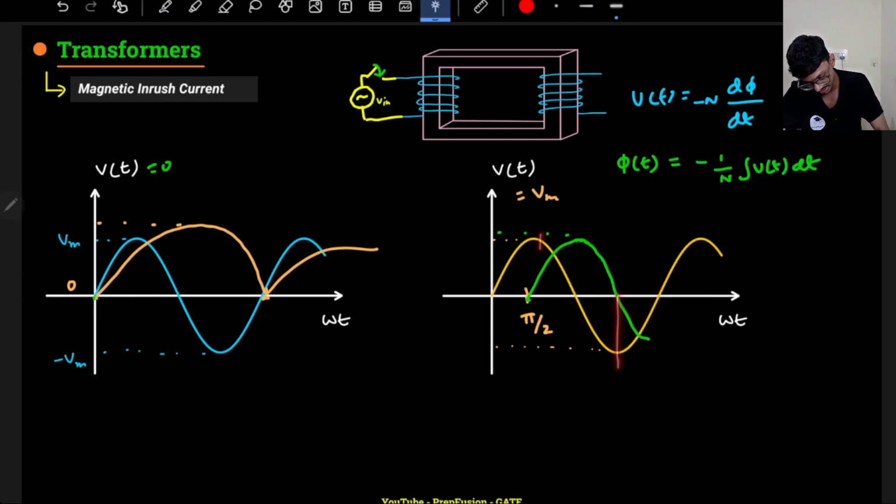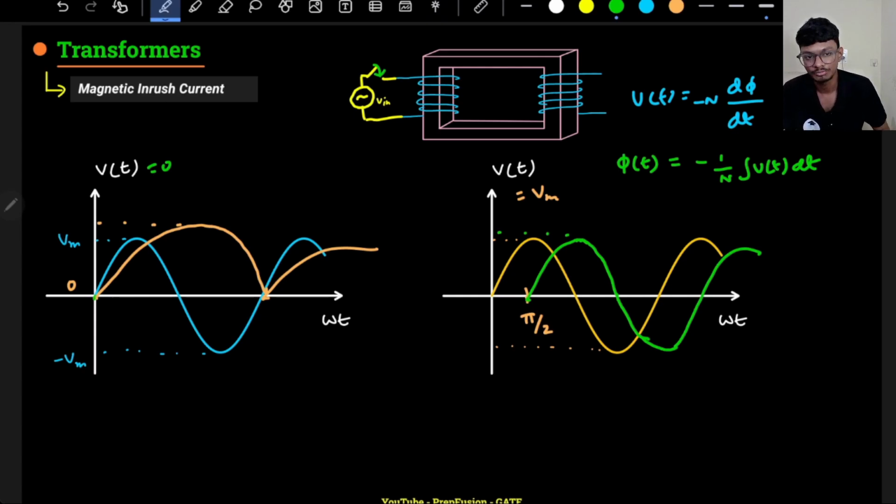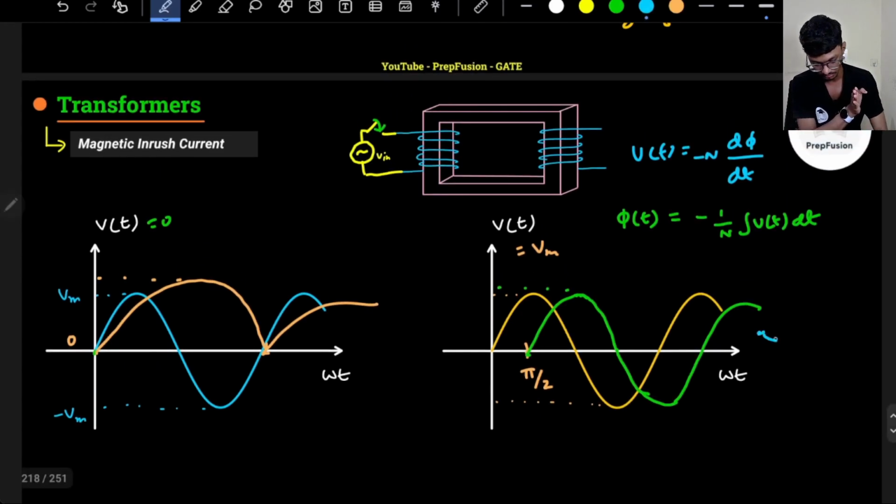In this region the negative area and the positive area cancel each other out, that's why it is 0. Again the negative area is more, so it will go like this and go on. What is the problem here? Basically there is no problem, because at steady state the waveform will look something like this only.